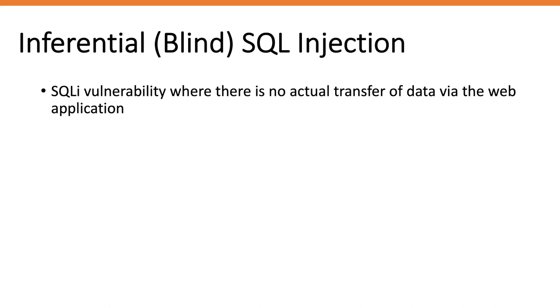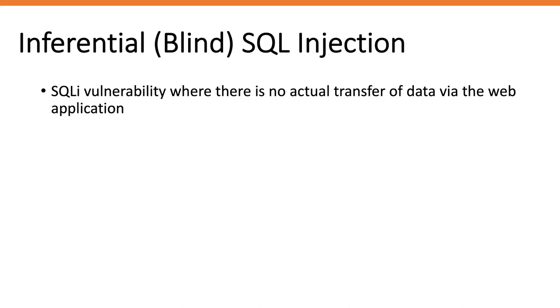This forces the attacker to steal data by asking the database a series of true and false questions, and then determining based on how the application responds whether the statement is true or not.